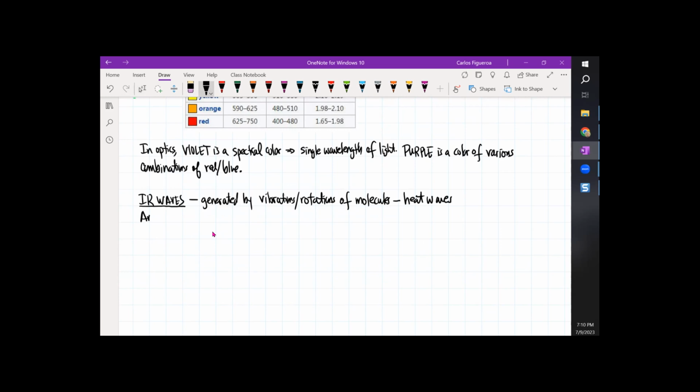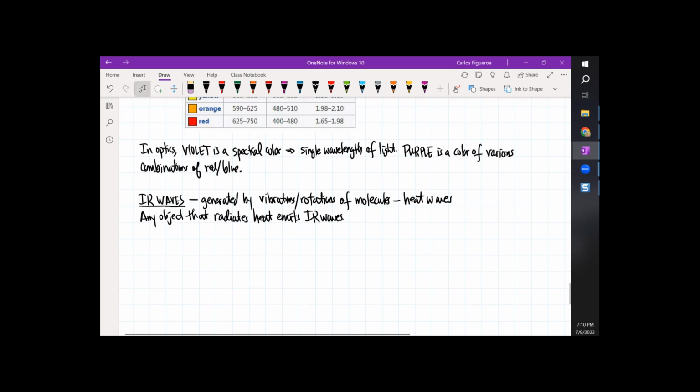So any object that radiates heat emits infrared waves.